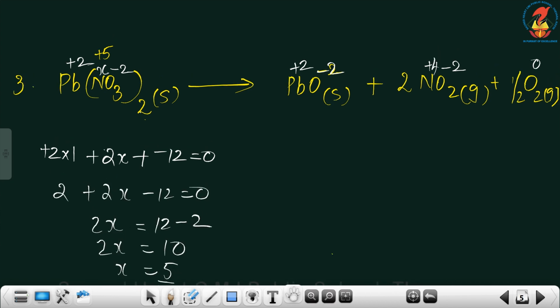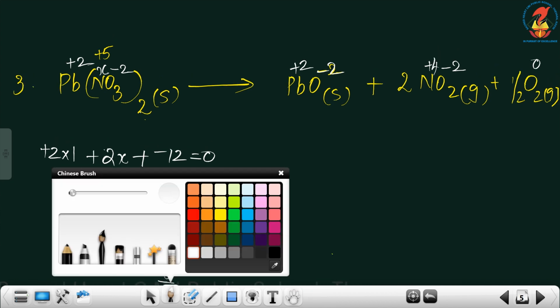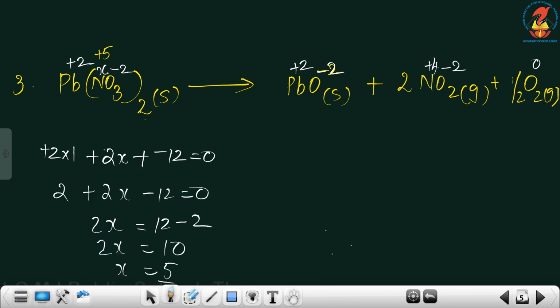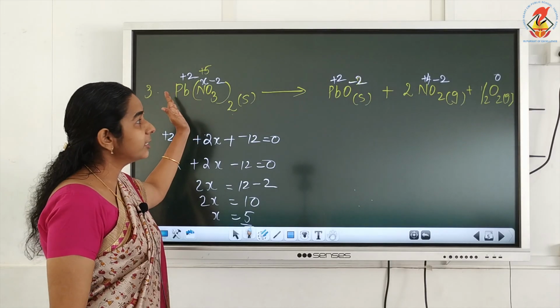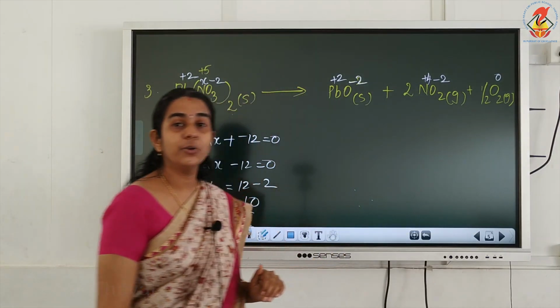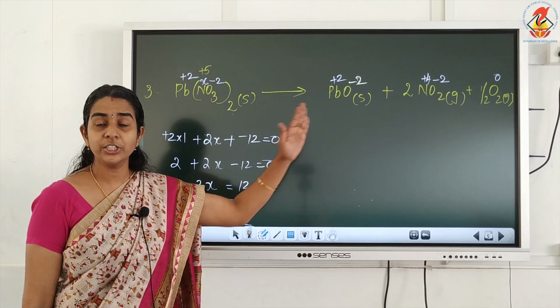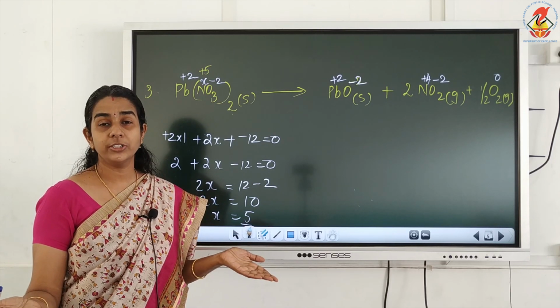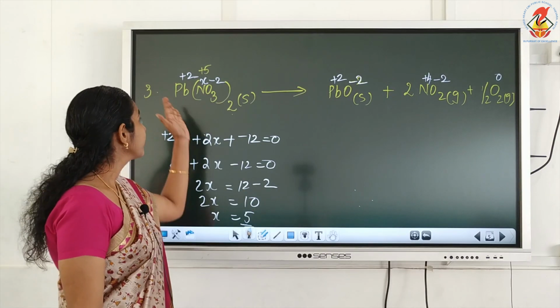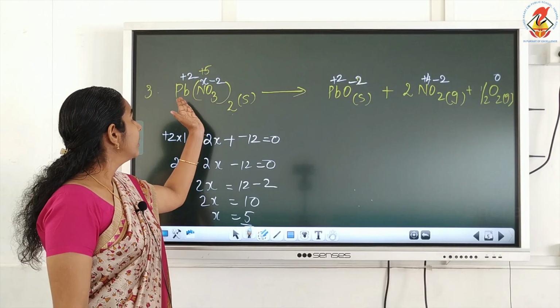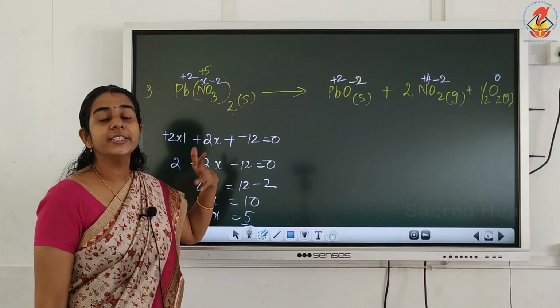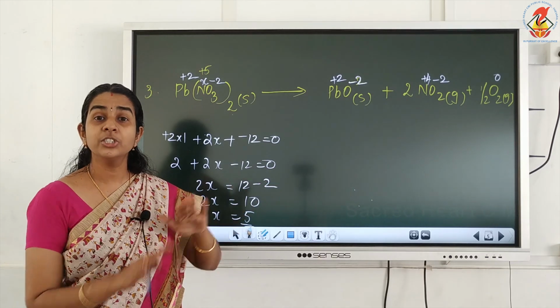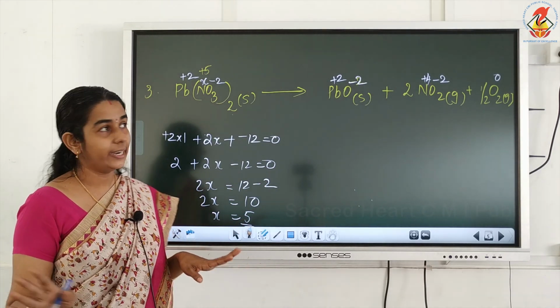Now see the change in oxidation number. Lead on the left hand side is +2, on the right hand side also +2, so there is no change in oxidation number. So we cannot predict whether it is undergoing oxidation or reduction. There is no oxidation or reduction for lead.